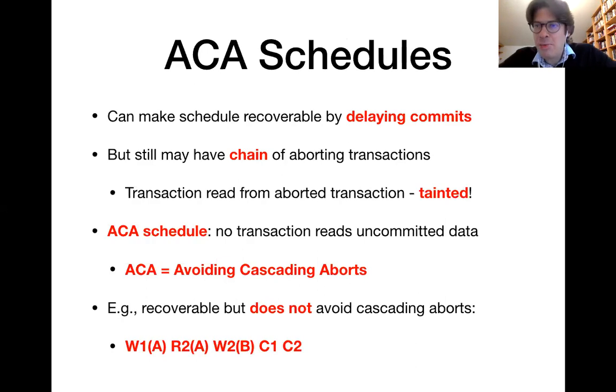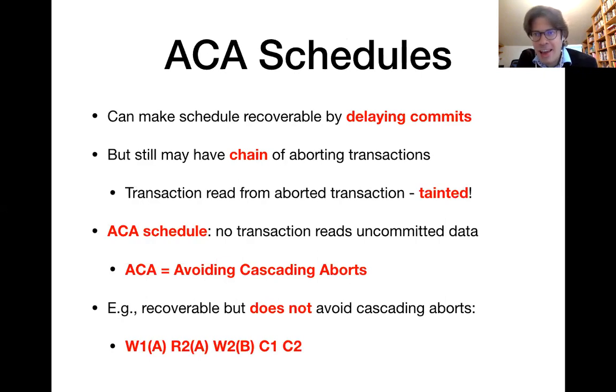Now, recoverable schedules, that is something that you want in any case, but aborts can even create problems if a schedule is recoverable. For instance, if you look at the schedule here below, maybe I should compare to the previous one.